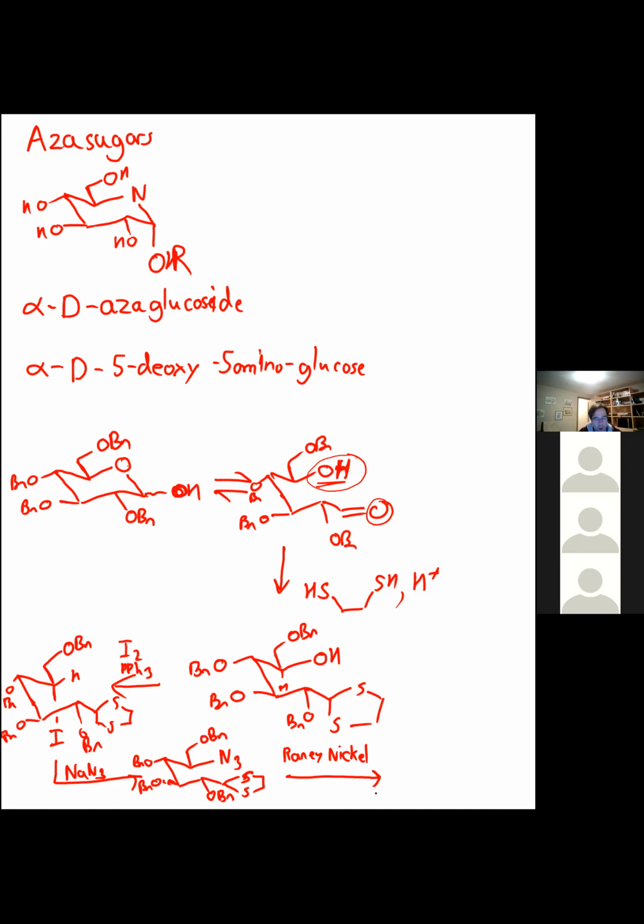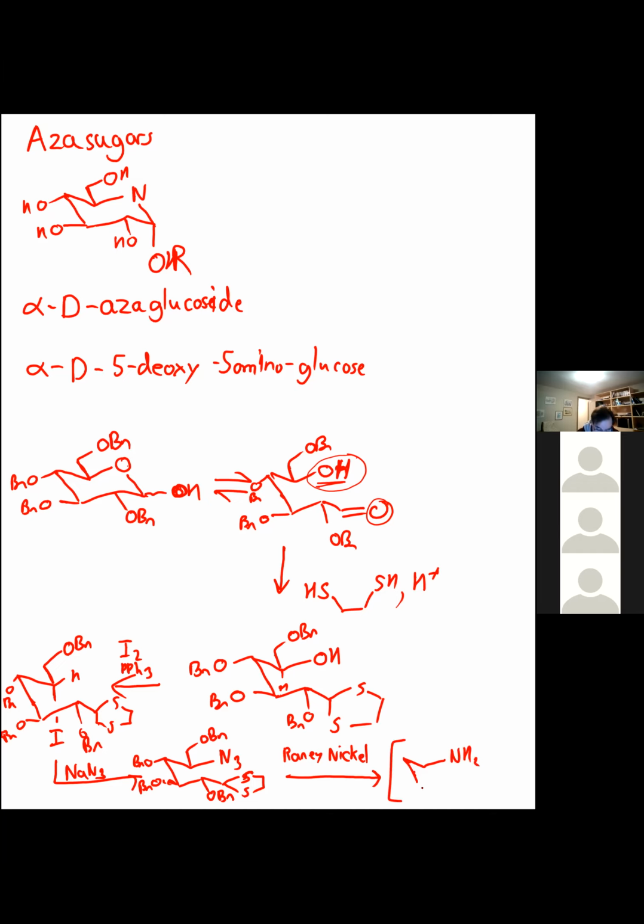And it's weird, so I'm not going to pretend I know what Raney nickel is, really, because I think you never see it really described. It's just nickel. Anyways, it's basically like palladium on carbon, except it also breaks down sulfur carbon bonds and replaces them with hydrogen.